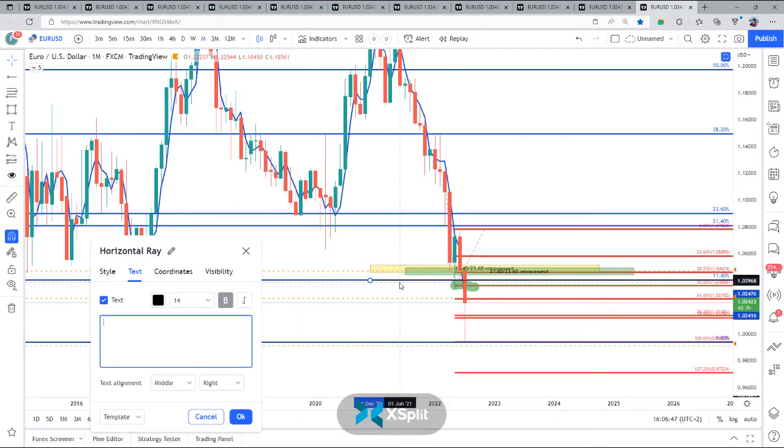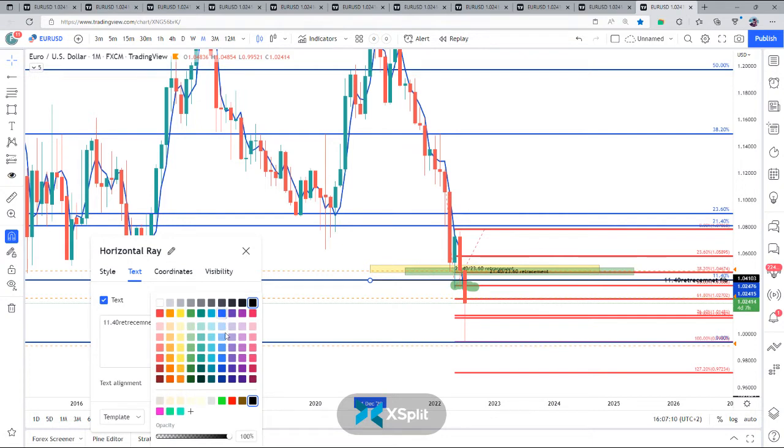Yes, we have this 1140 fib just above the 50% that I said. Under it, we have nothing. So it's not helpful now, because now we are in this area here. So this one is the 1140 retracement. And we will keep it like this in blue, and that's done.